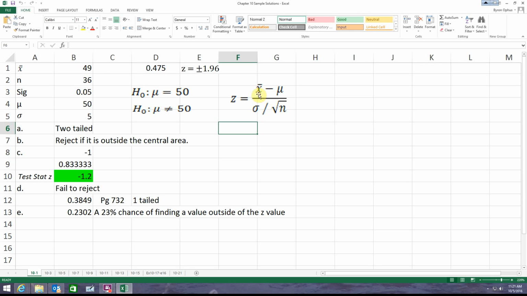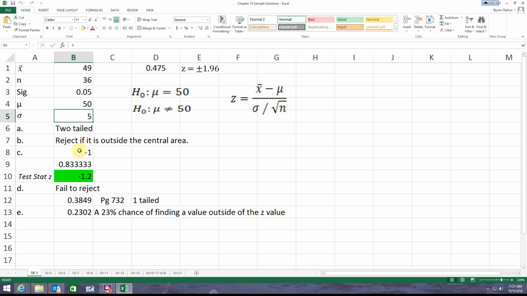Okay, and that formula is simply saying that it's equal to the mean of our sample minus the mu, which is what we're testing, divided by the standard deviation divided by the square root of n. This is the standard error of the mean, the bottom part of this equation.